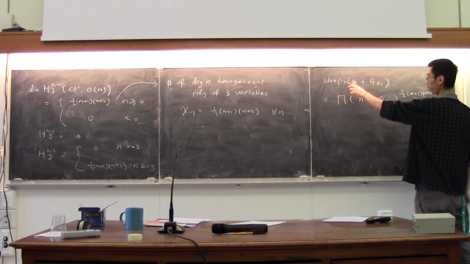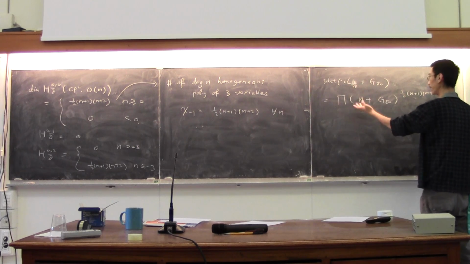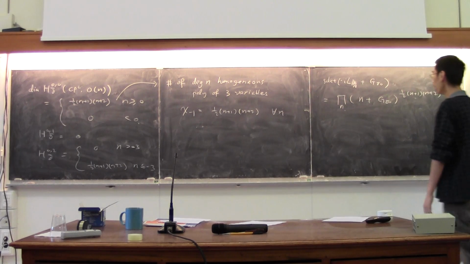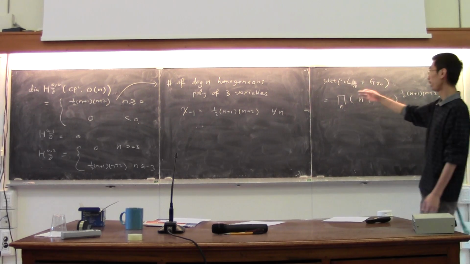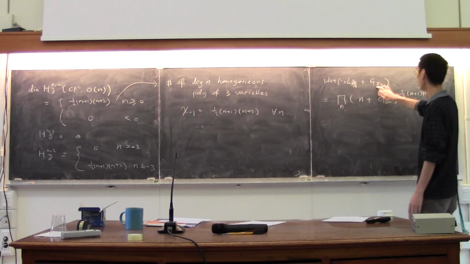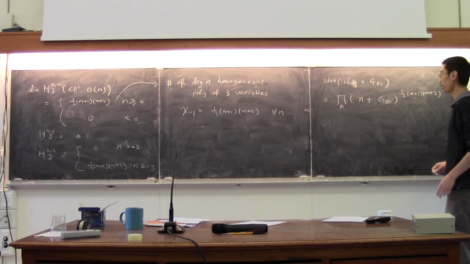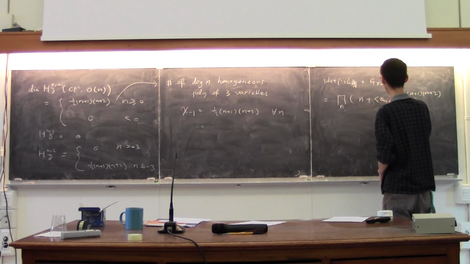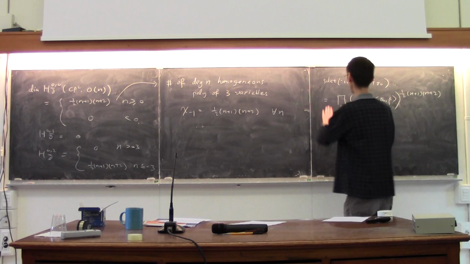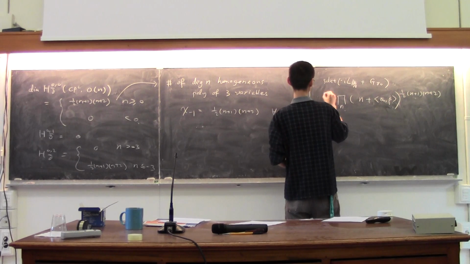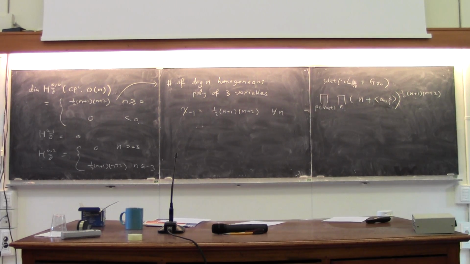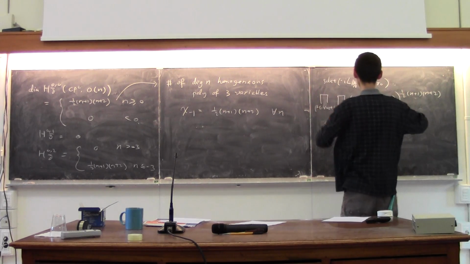Mode n gives an eigenvalue for this Lie derivative, and then there are this many modes, so you just take the product over mode n. But you still have to take the determinant over the adjoint action of sigma 0, but that's quite simple. So that's the determinant of this thing.